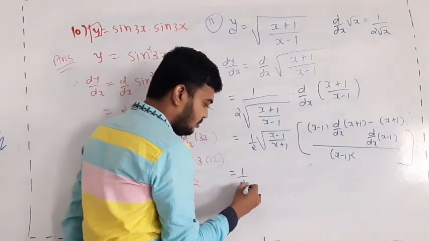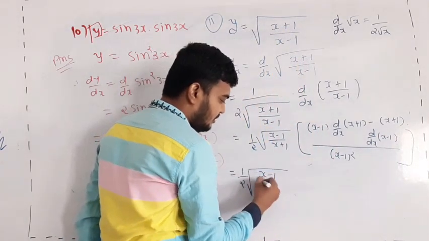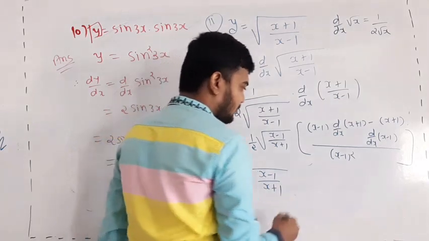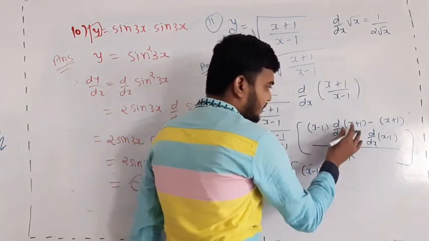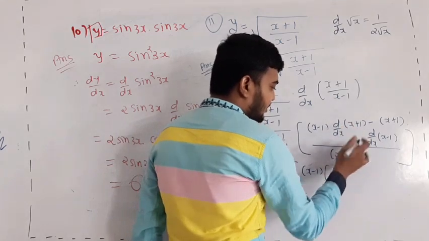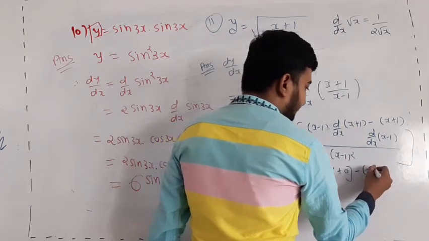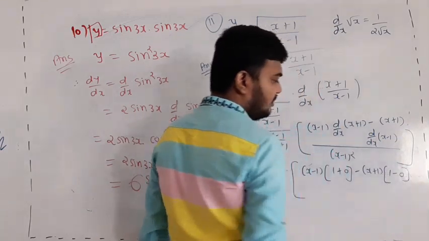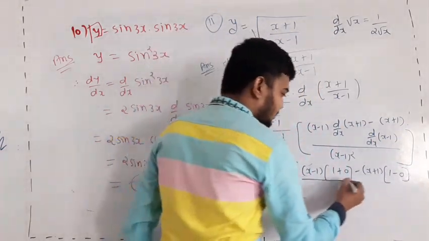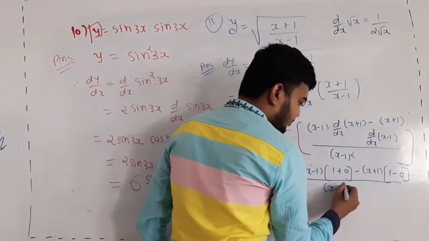So here 1 by 2 square root of x minus 1 upon x plus 1, and x minus 1 as it is; the derivative of x is 1 and the derivative of 1 is 0. For x plus 1, the derivative of x is 1 and the derivative of 1 is 0, because 1 is a constant term. This whole thing is upon x minus 1 whole square.